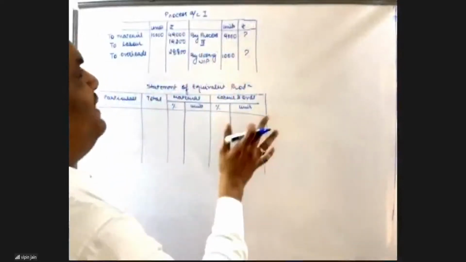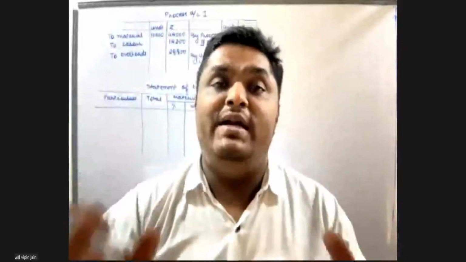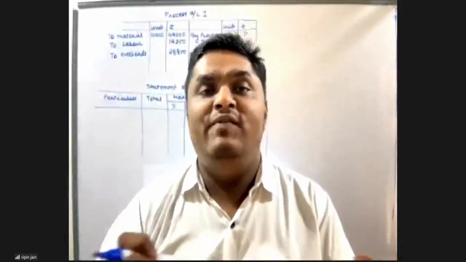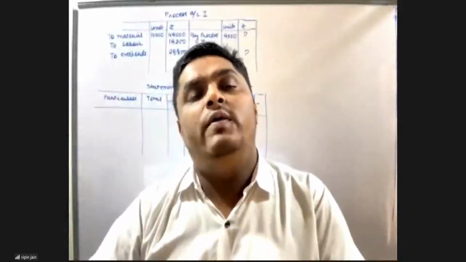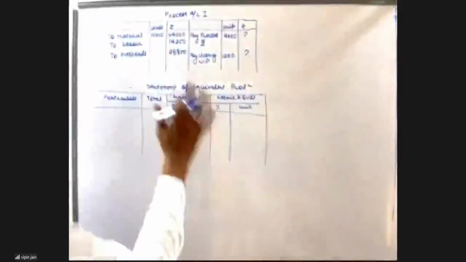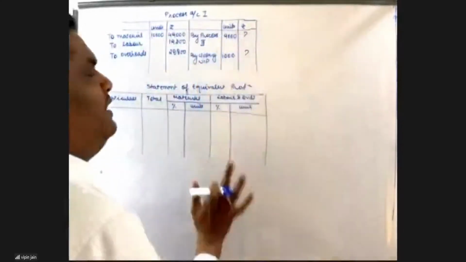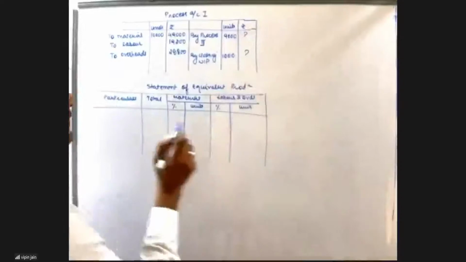The first part is the units transferred. See, again, this statement is nothing like rocket science. We are just presenting the calculation of equivalent units in a systematic way. So herein, when talking about these 10,000 units, 9,000 units were completed, 100% completed and transferred.